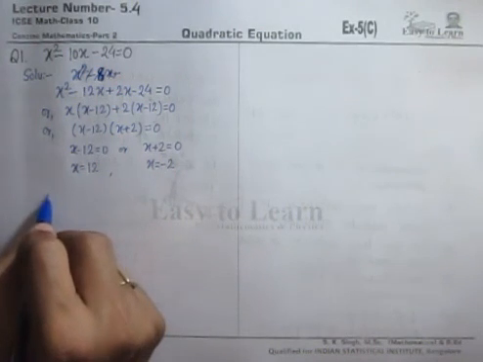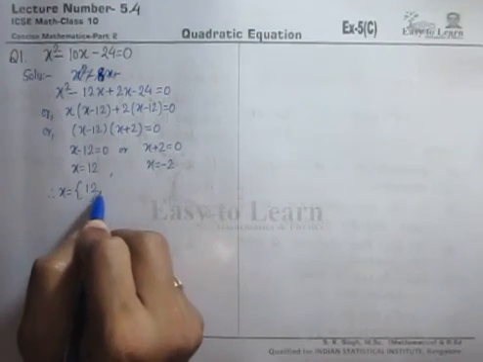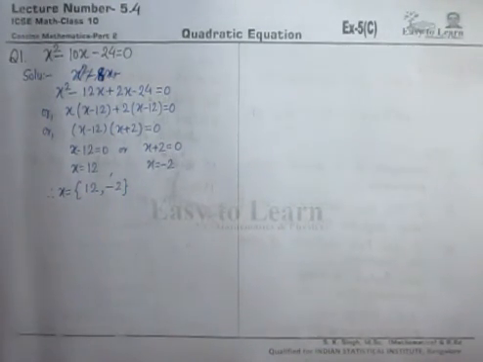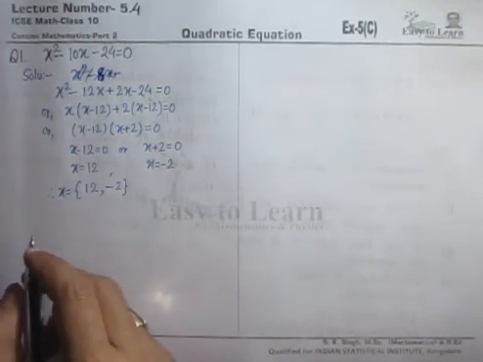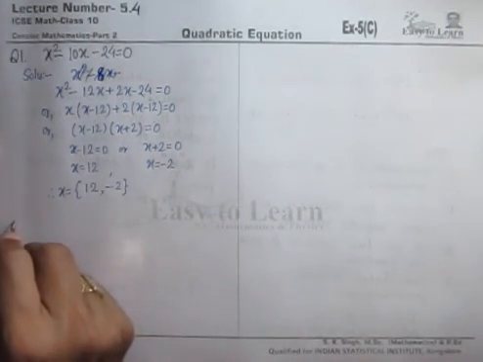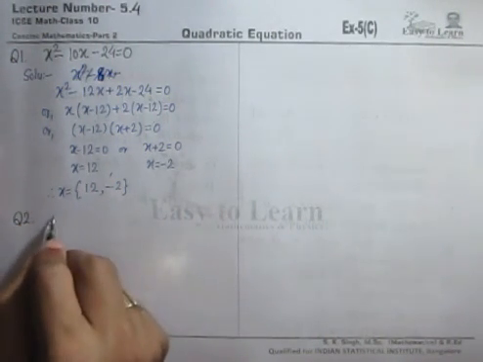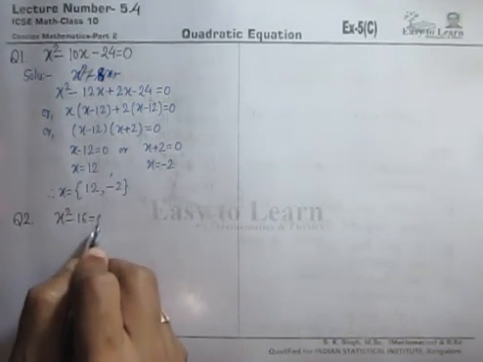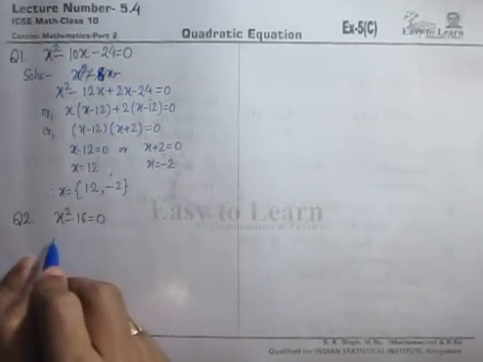So x is {12, minus 2}. These are the solutions of the given equation. Now question number 2. X square minus 16 equal to 0. So factorize it.